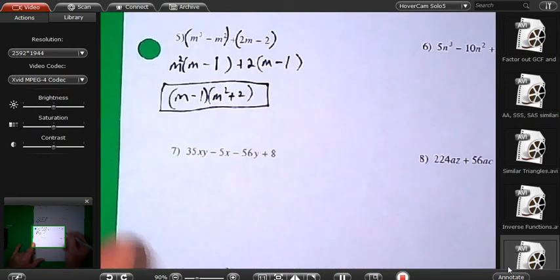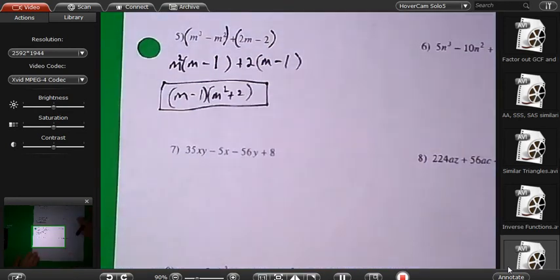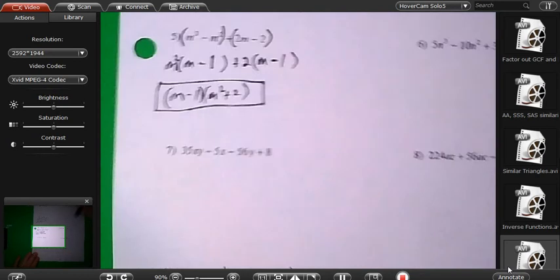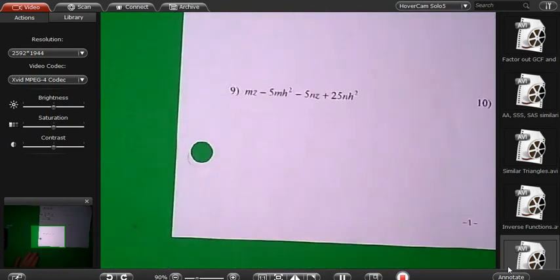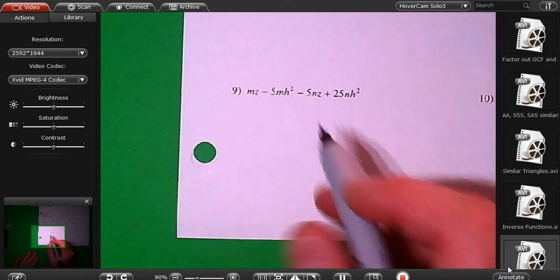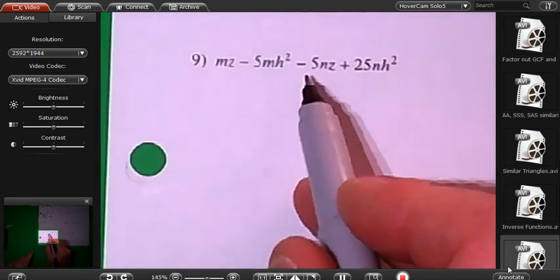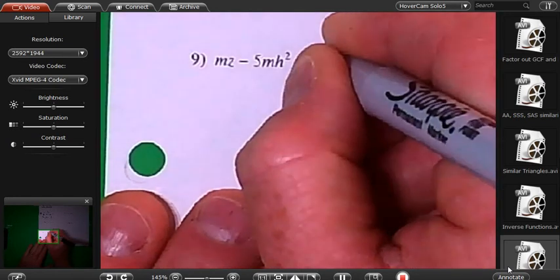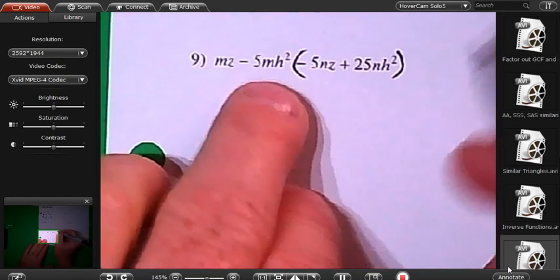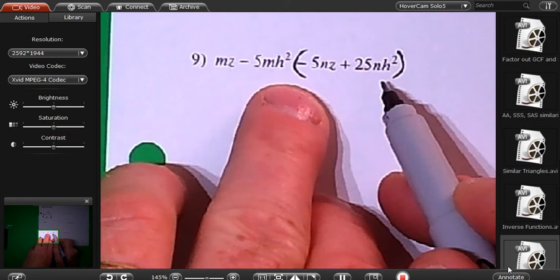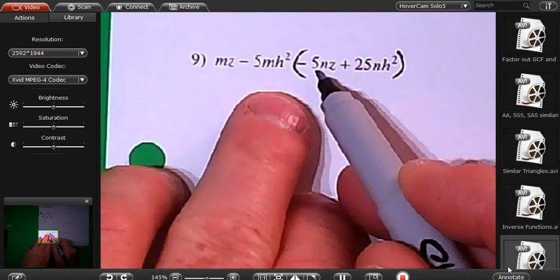Okay, let's skip down to number 9. Number 9, notice there is a minus in the middle of number 9. For the second group, you will put your parentheses around that minus.